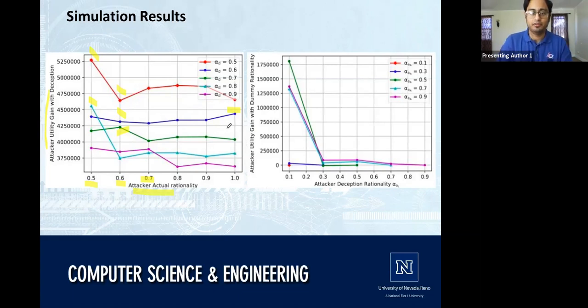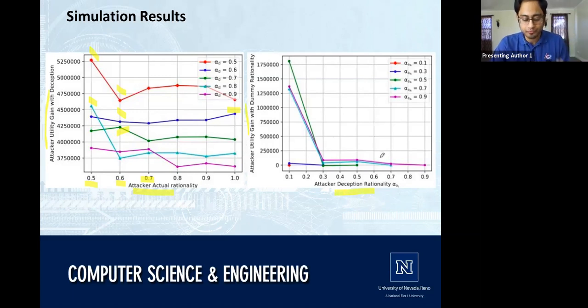Now, on the second figure, we have the attacker's deception rationality on the x-axis, and you have the attacker's utility gain with their deception rationality. Again, it's 0.1 in this case. And every single graph showcases the attacker's utility gain based on if they go from their deception rationality to their actual rationality.